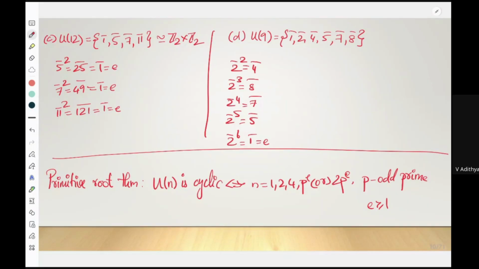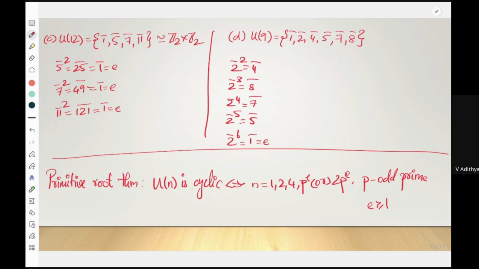Memorizing results like this is like Lagrange's theorem. I wouldn't remember all the results, but these are some important results which you can remember. Right.